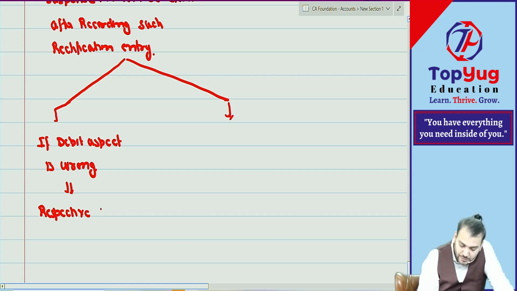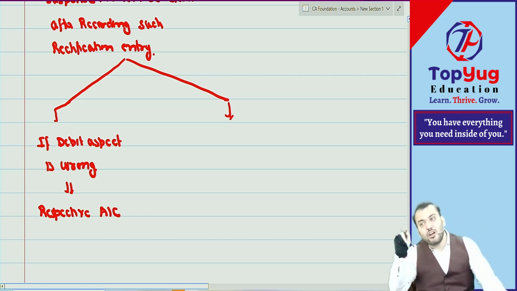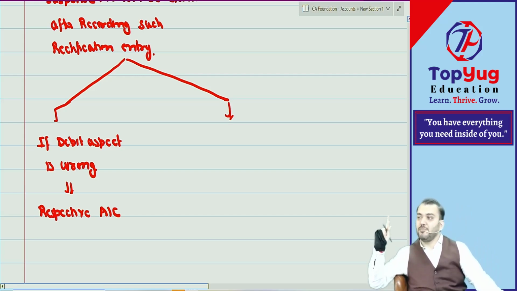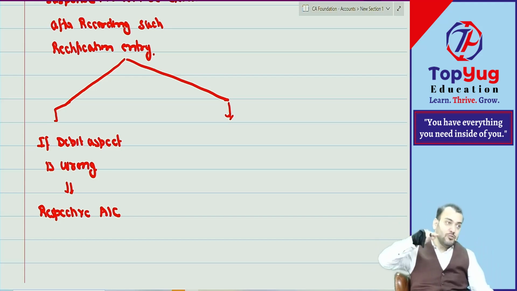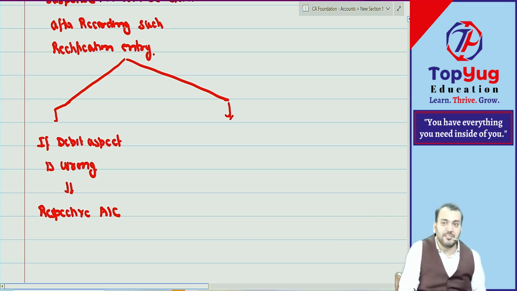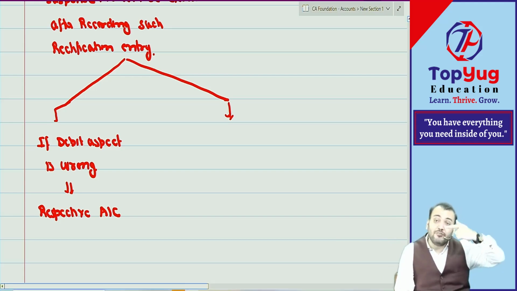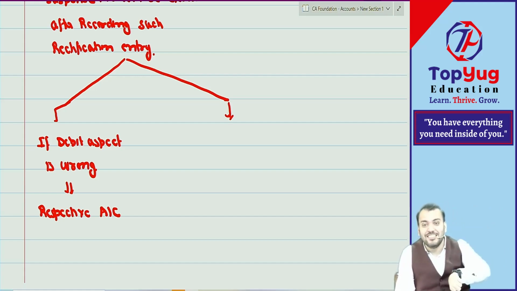Repeating what I'm saying: suppose the purchase account is not debited, only one aspect. Now debit the purchase account, but the credit account will be what? Suspense account. Because that difference was initially debited in the suspense account, the suspense account will now be closed by crediting it.